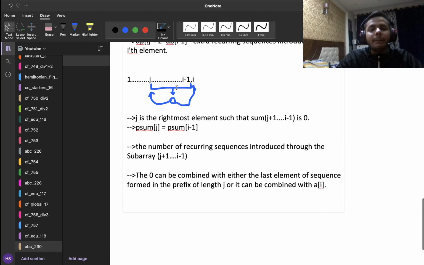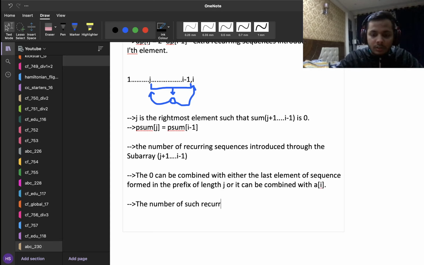And obviously if I'm combining it with a sequence of length j, there has to be a sequence of length j, right? And the number of such sequences are nothing but dp of j. So that's why the number of such extra recurring sequences introduced by subarray j plus 1 to I minus 1 is nothing but dp of j.